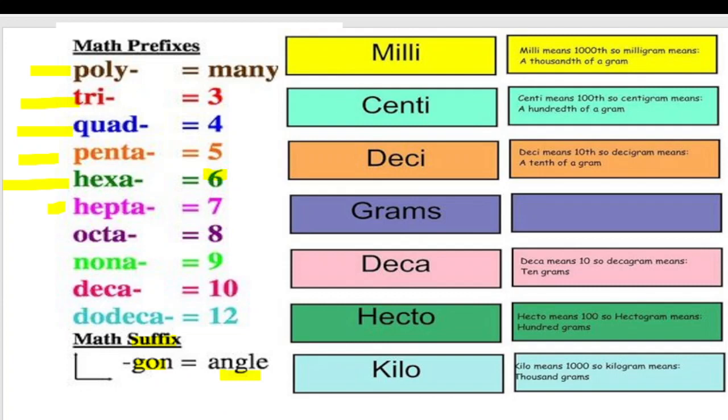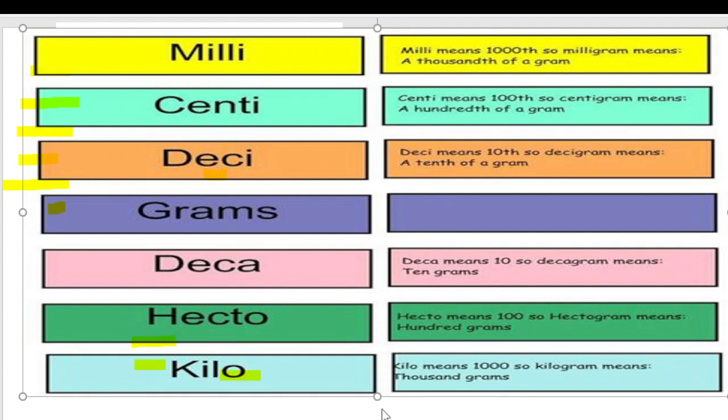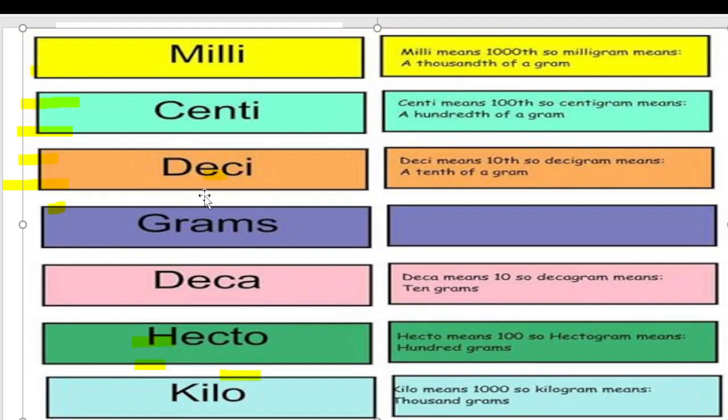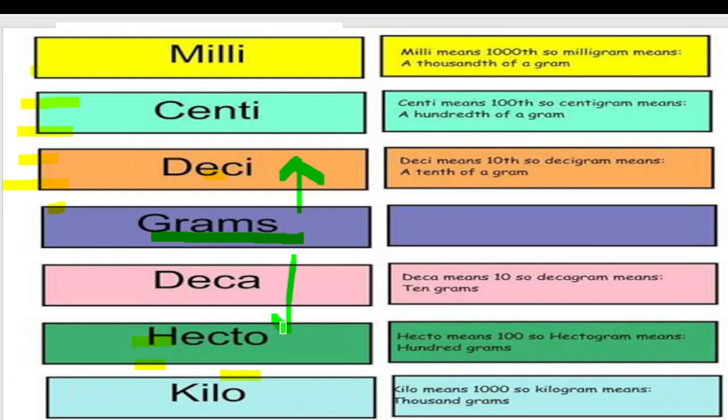Now let's learn some metric units. We will start from grams. So grams, then deci means tenth.